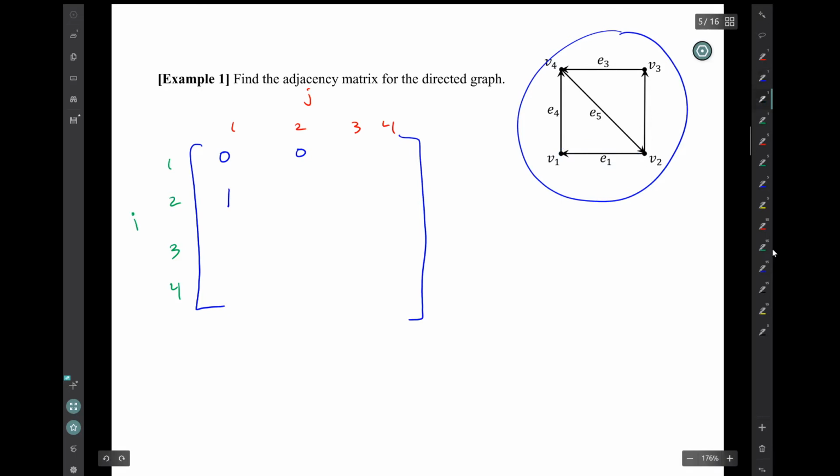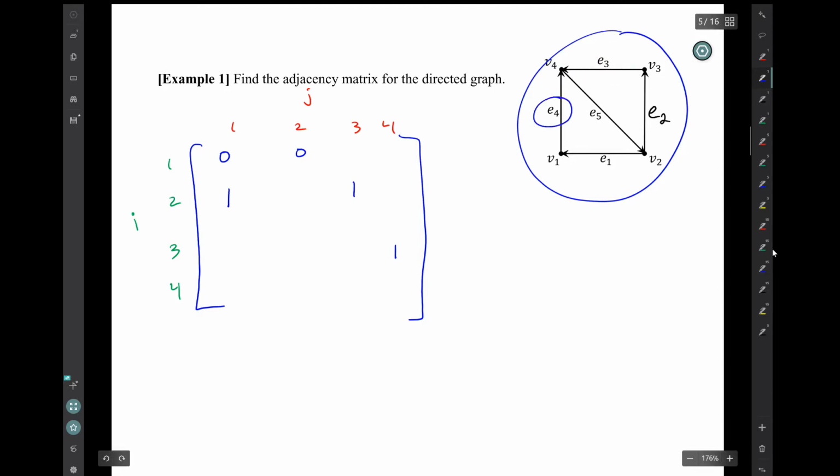This should say E2. Edge 2 goes from V2 to V3. So there's 1 arrow from V2 to V3. So that means that a 1 goes there in the matrix. Edge 3 goes from V3 to V4. So there is 1 in that cell. That arrow goes from vertex 3 to vertex 4.